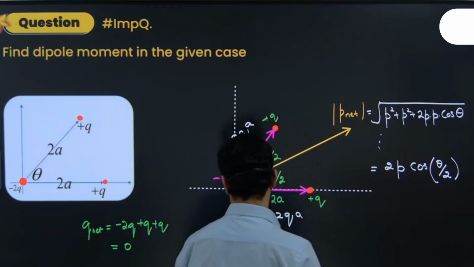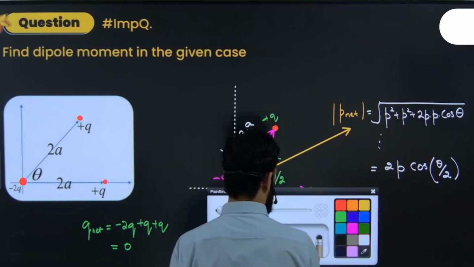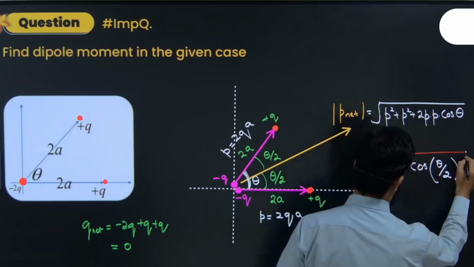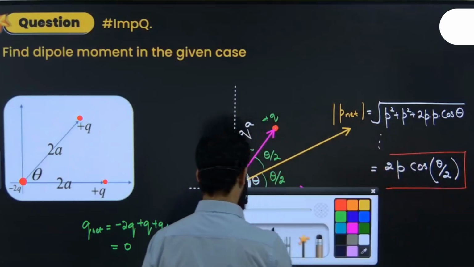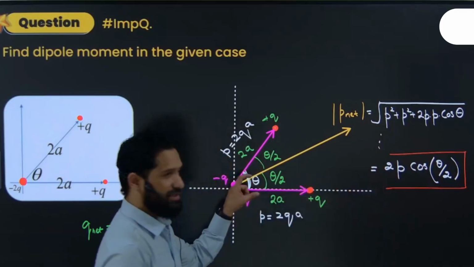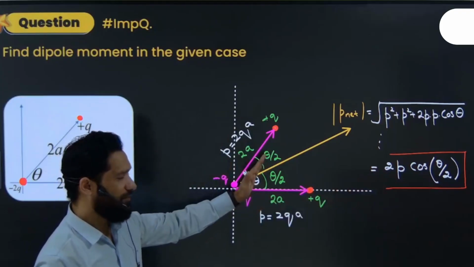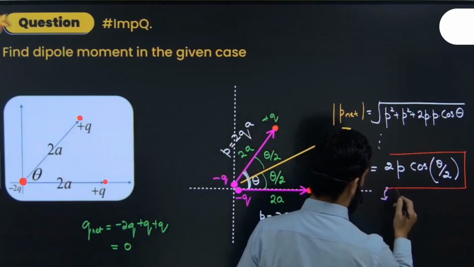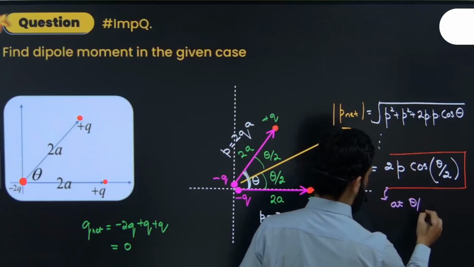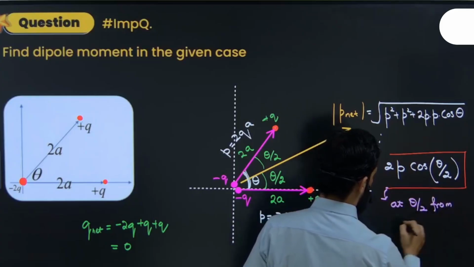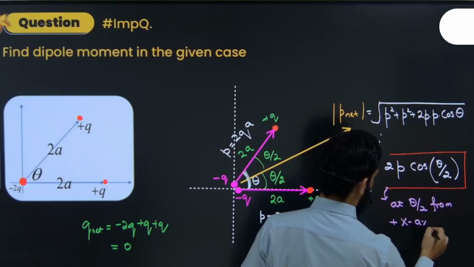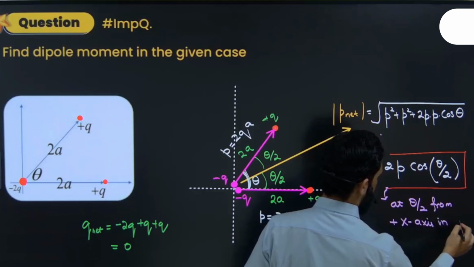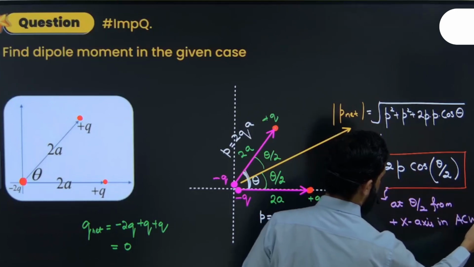So we can say what is the net dipole moment here? The net dipole moment here is this thing. And what is the angle with which it is inclined? You should note that it is inclined from the positive x-axis at an angle of theta by 2 in the anti-clockwise direction.